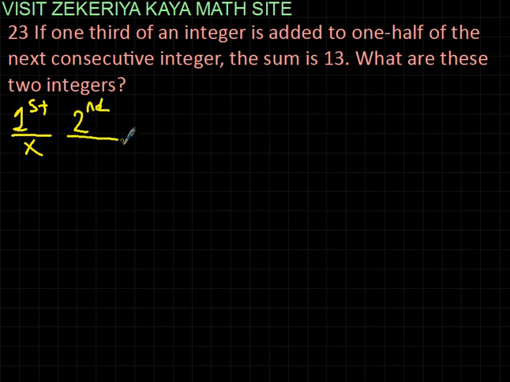If they are consecutive integers, x plus 1. Do you understand? We are talking about 2 integers which we don't know. We must find those integers. So I must name them by using the same letter. If I name the first one as x, the second one will be x plus 1.